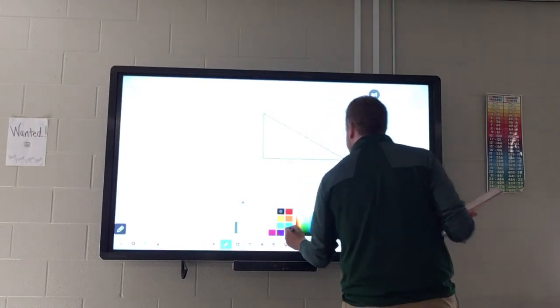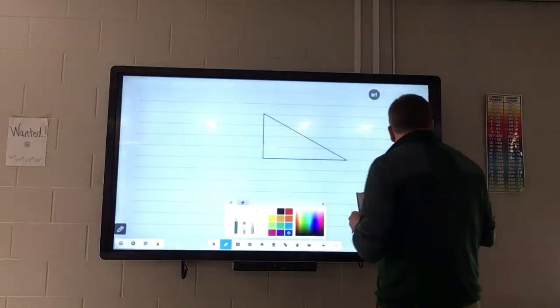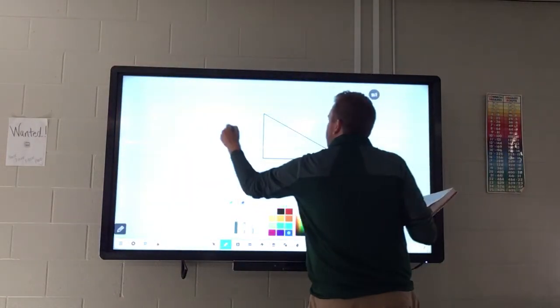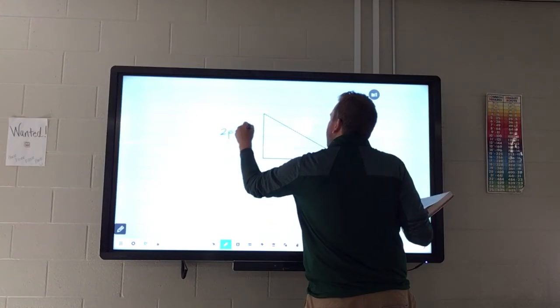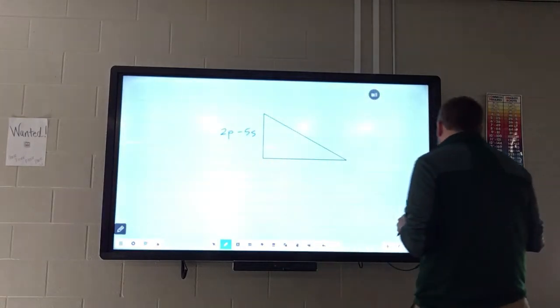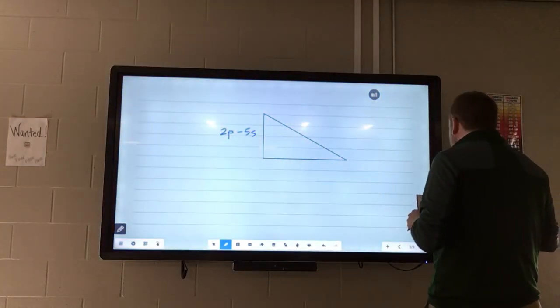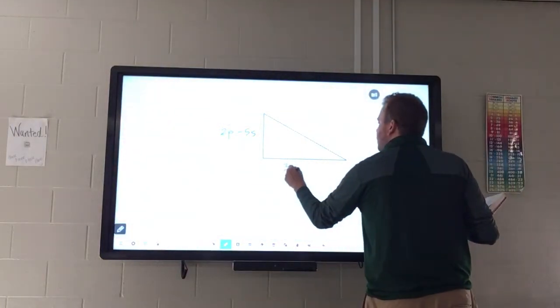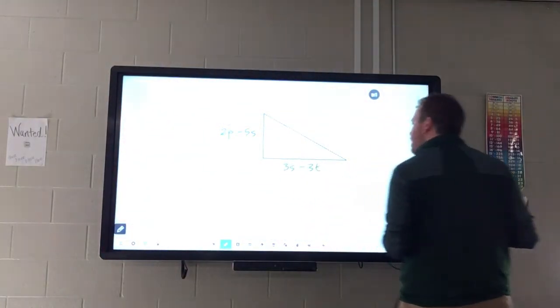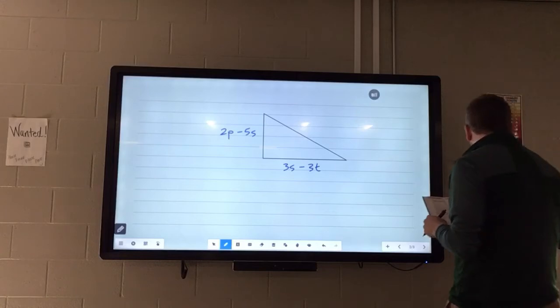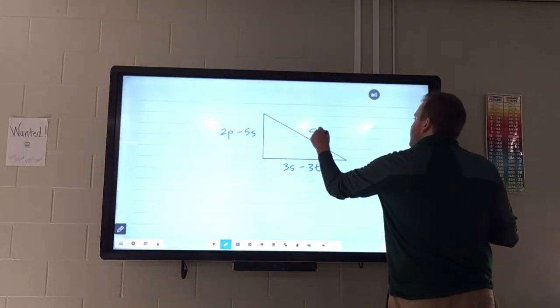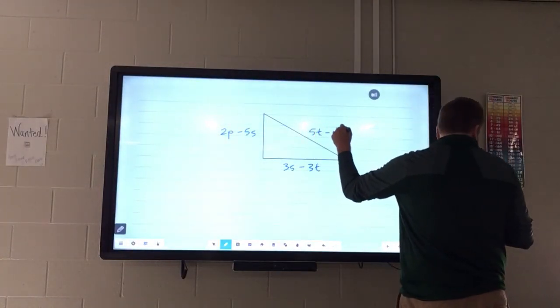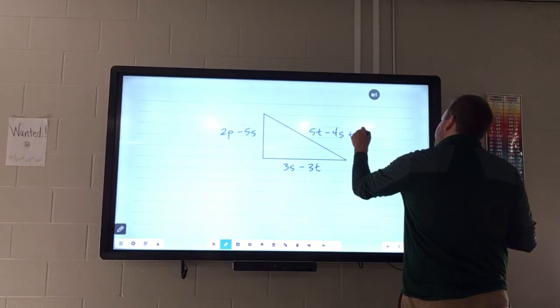Alright, and they tell me one side of the triangle is 2p minus 5s. Another side of the triangle is 3s minus 3t. And the hypotenuse of the triangle is 5t minus 4s plus p.